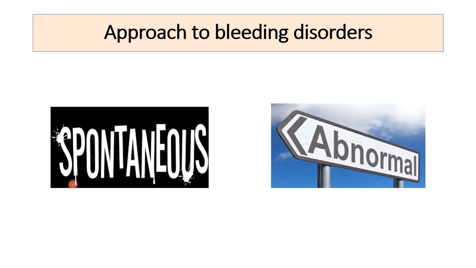It has to be spontaneous bleeding and it has to be abnormal. For instance, even if it's not spontaneous, like surgery will obviously cause bleeding, but is it a prolonged bleeding? Is it abnormal? So it has to be spontaneous or abnormal bleeding or both. That is the first thing, to ascertain and suspect that this patient probably has a bleeding disorder.